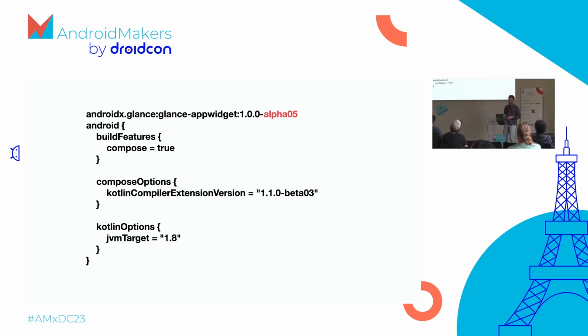But to run the Glance library, you need to enable the Compose build features because it's using Compose runtime, and you need to enable the Compose options and Kotlin compiler extension.